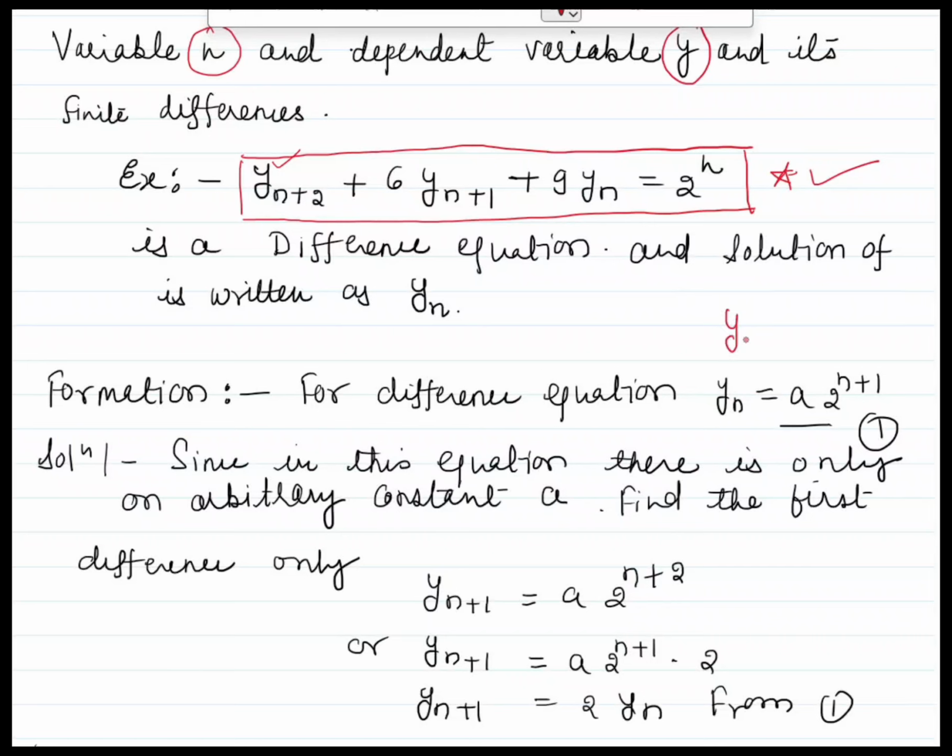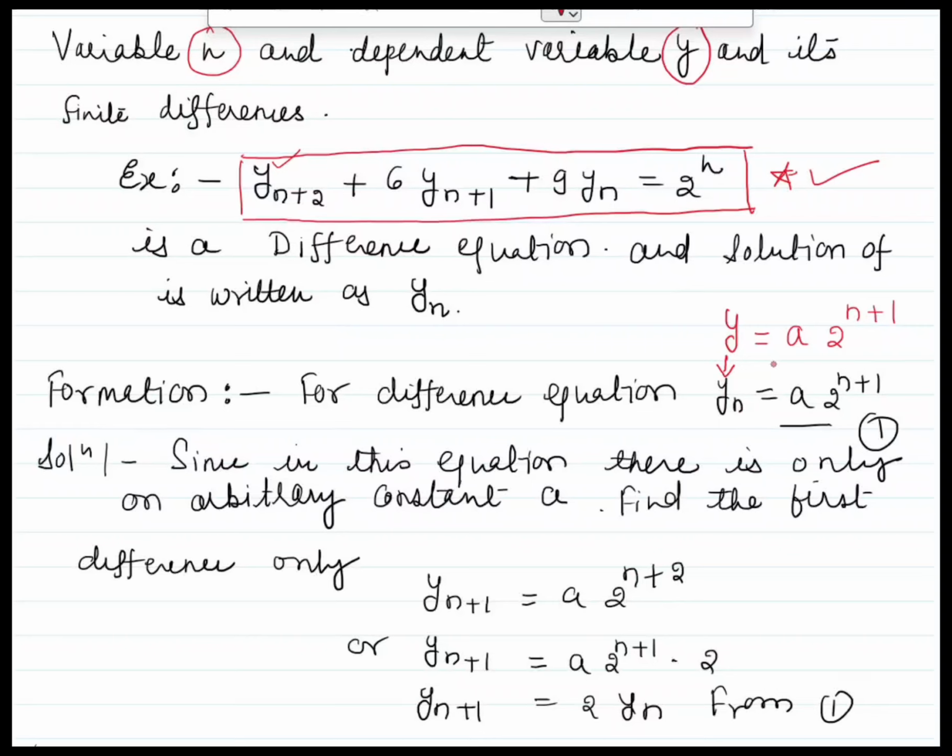If I am writing y equals a to the power n plus 1, what do we call it? We call y dependent on n variable. It means y is the dependent variable and n is the independent variable. So in short, this relation we can write y of n. y of n means y dependent on n.